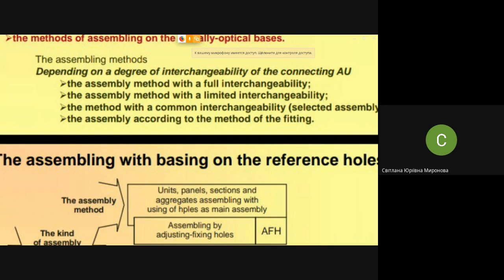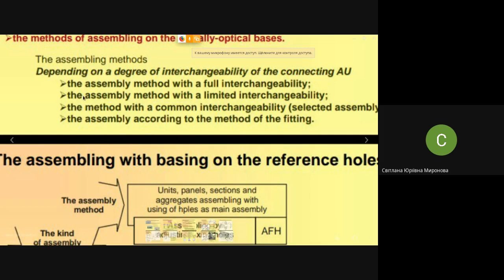Do pay attention to the third one here, and I'm going to use it as the third one, which has a non-similar name: selective assembling, not selected, but selective assembling in English, the method of so-called common interchangeability or selective assembling, is practically the same as the assembly method of full interchangeability, but with a little trick. Practically, it comes to about the same story.